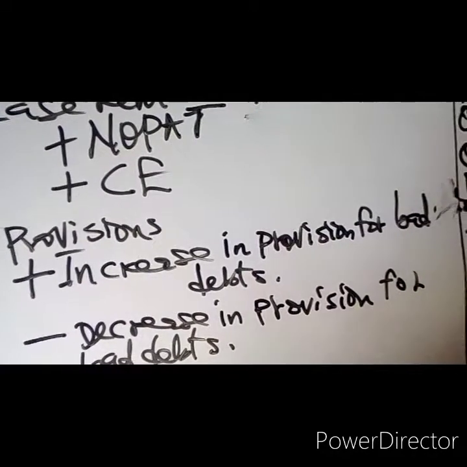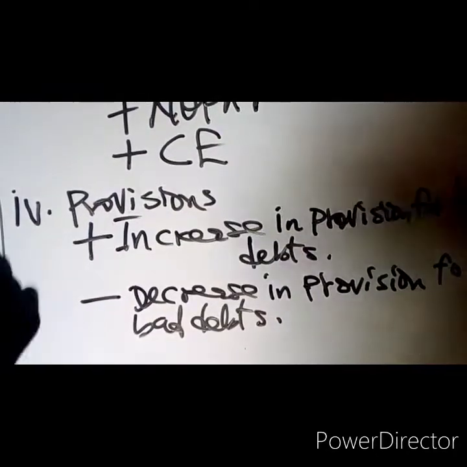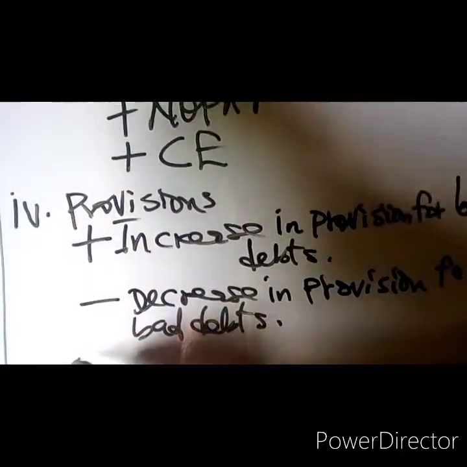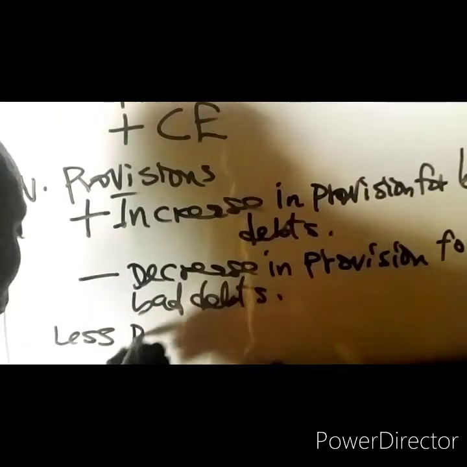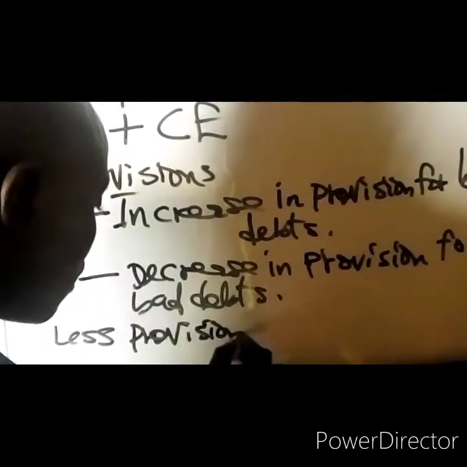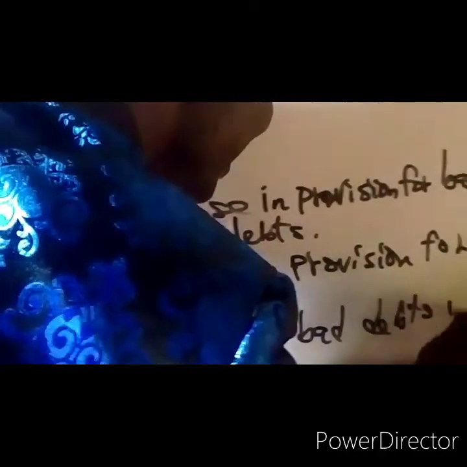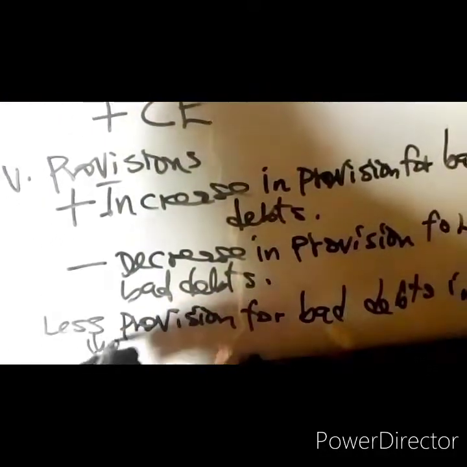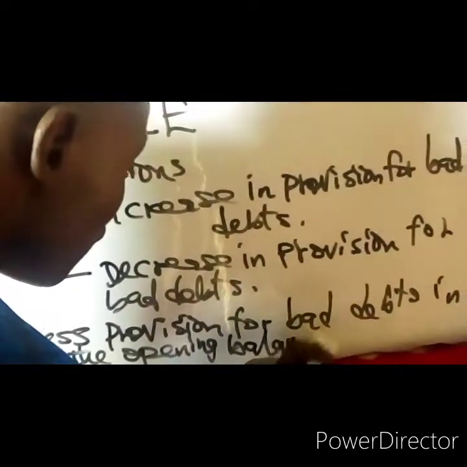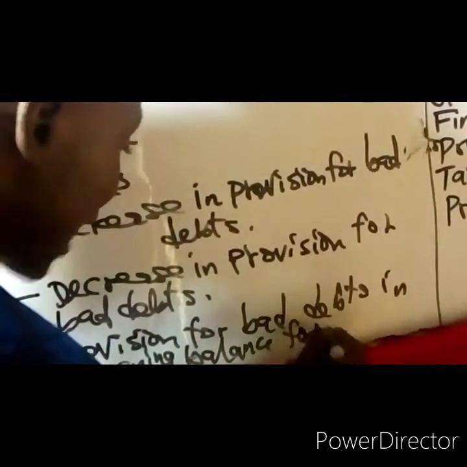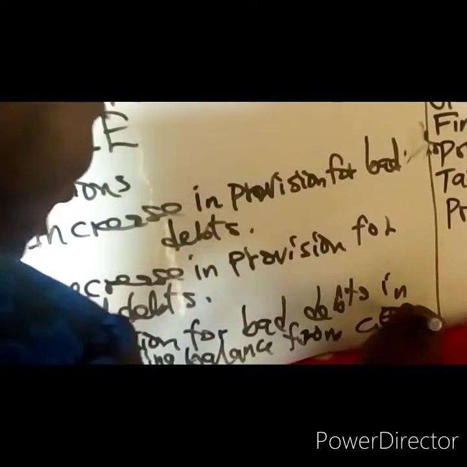Now, the actual provision for the period, the one relating to the opening provision for bad debts in the opening balance, is subtracted from capital employed.